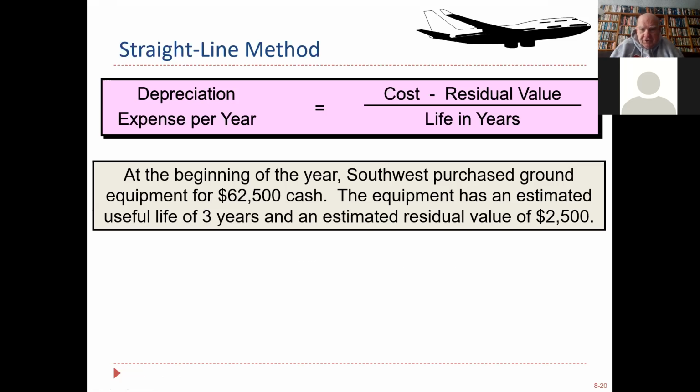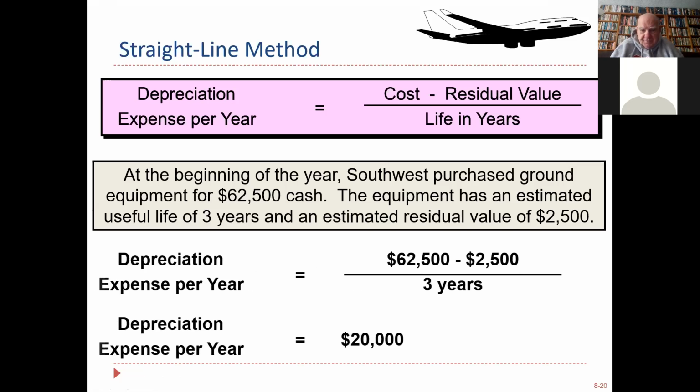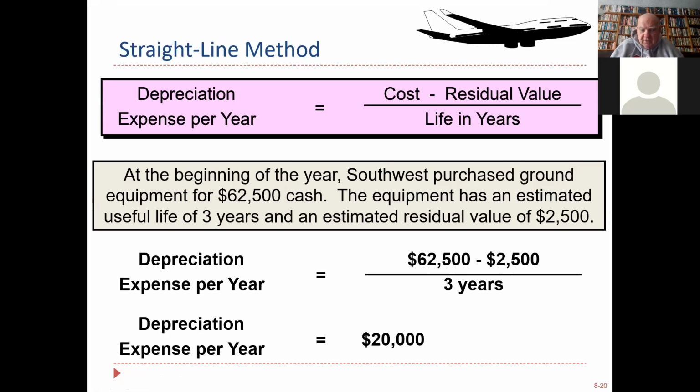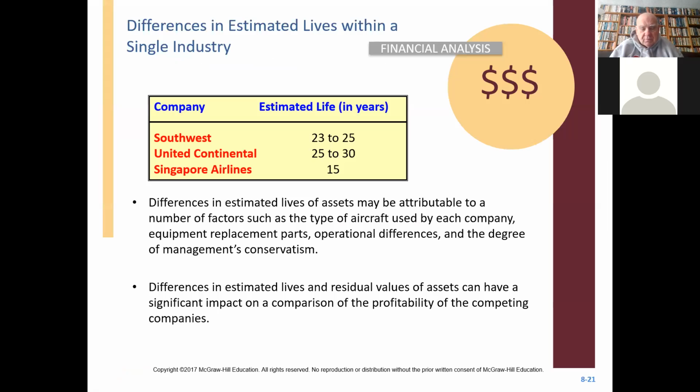So we're only going to depreciate the 60,000. And that's what we're seeing here. 62.5 is what we paid for this ground equipment. We deduct the residual value. So that becomes 60,000, or $20,000 per year.